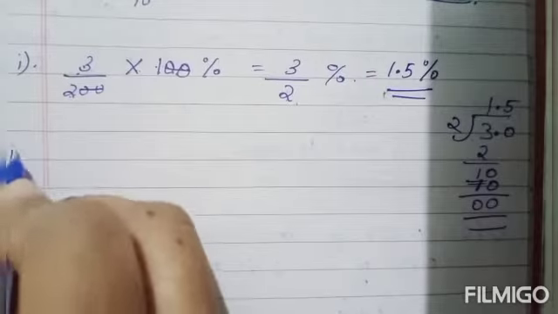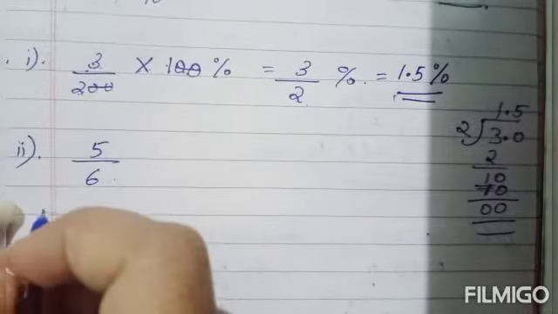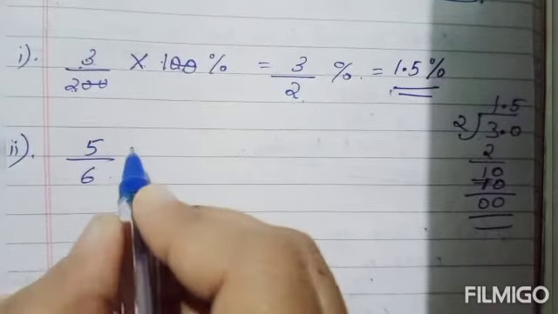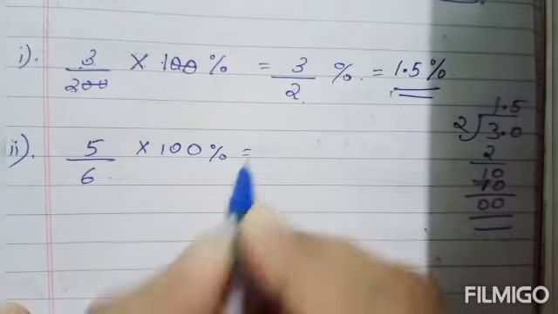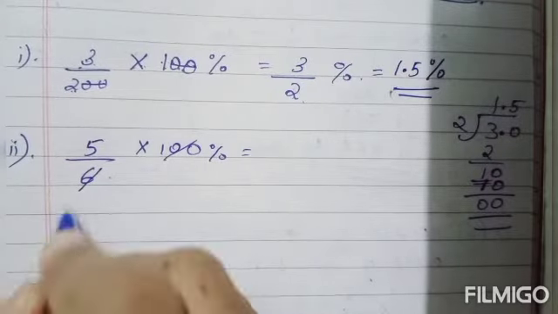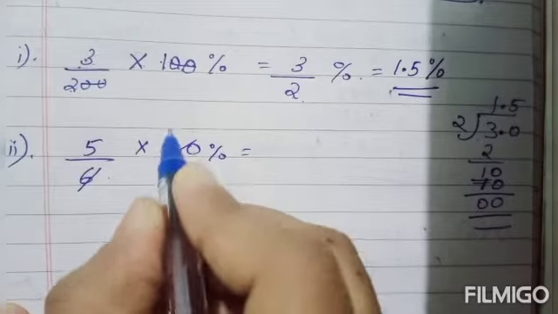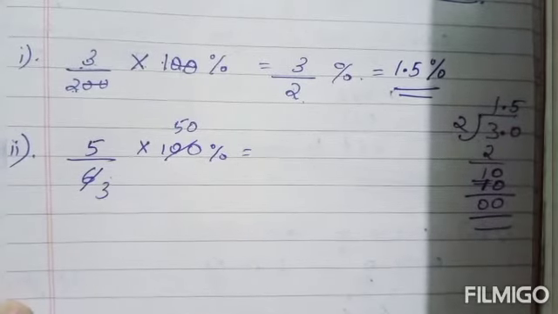Next, second one, 5 by 6. In order to express this fraction as percent, just multiply it by 100%. So 6 and 100 both will go in 2. 100 divided by 2 you will get 50. 6 divided by 2 is 3.